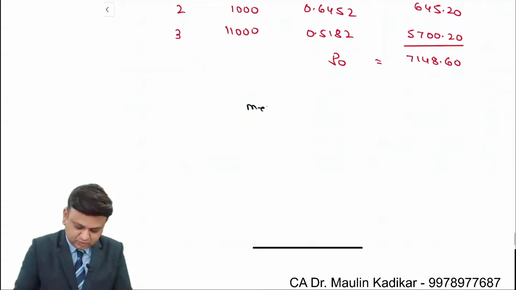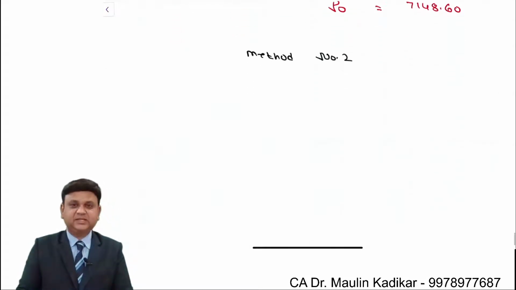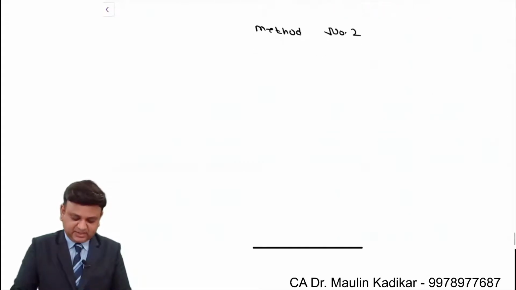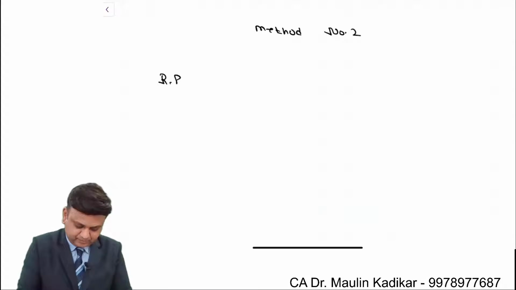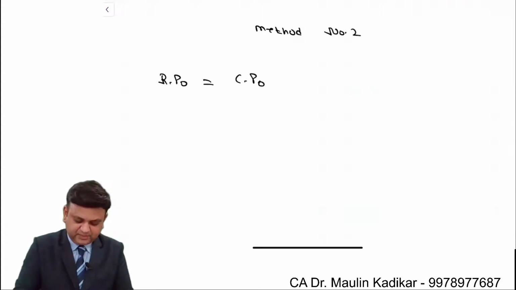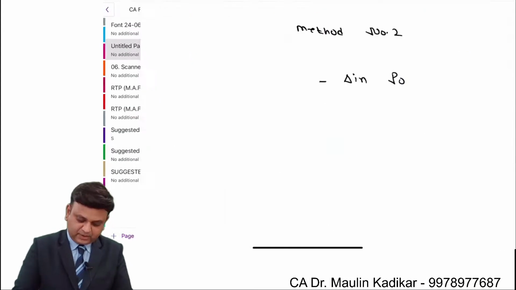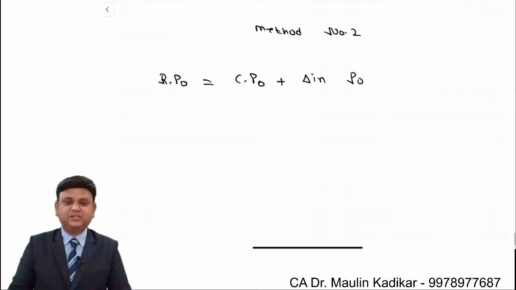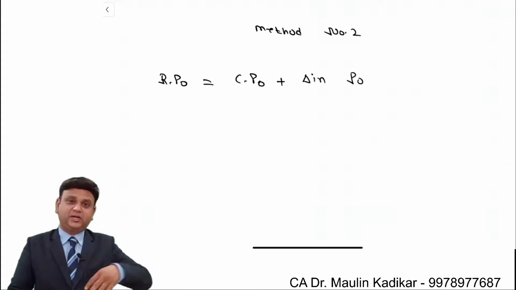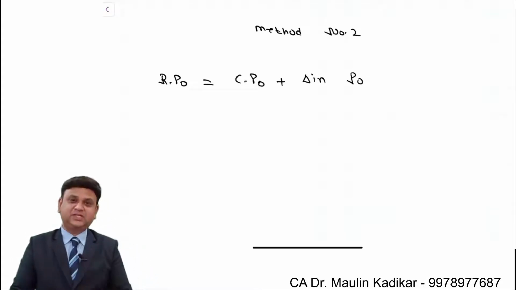That is method number 2. Let us understand how method number 2 will work. Revised P0 is equal to current P0 plus change in P0. Why plus? Because the required rate of return is falling down, so the price of the security will go up.